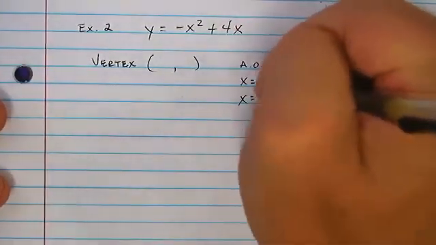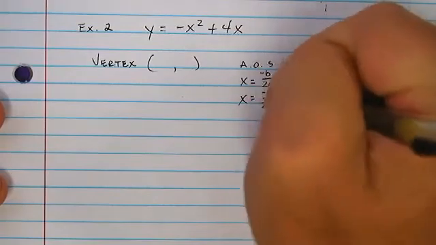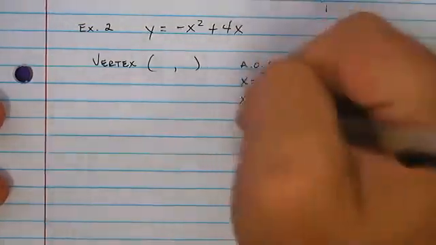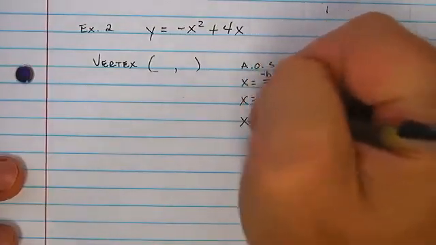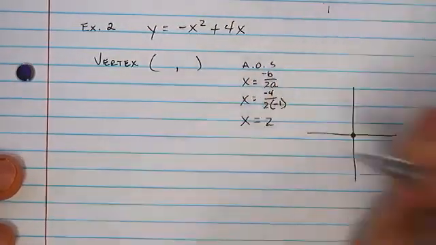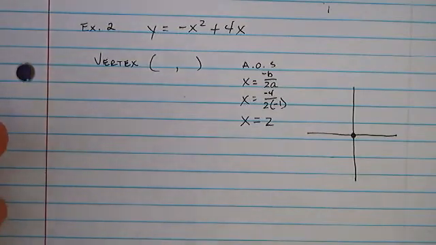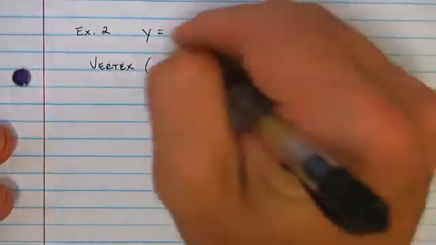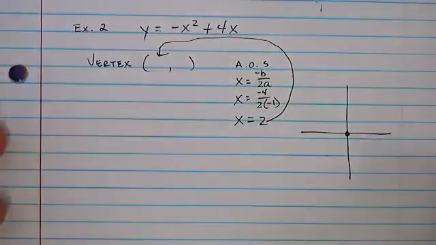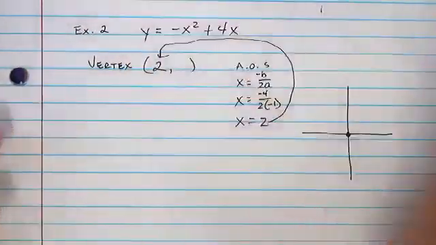So it now becomes -4 over 2 times -1. So that's -4 divided by -2. And so I get x equals 2. Right. So if x is 2, and that goes right there, okay, that is 2.